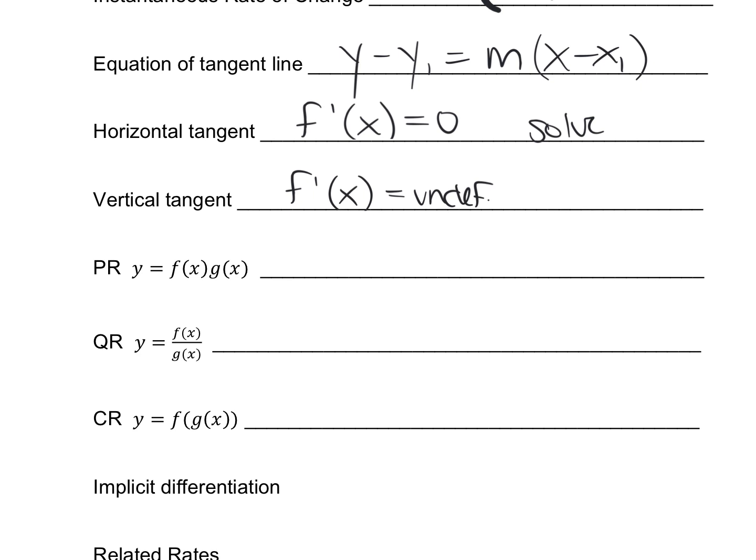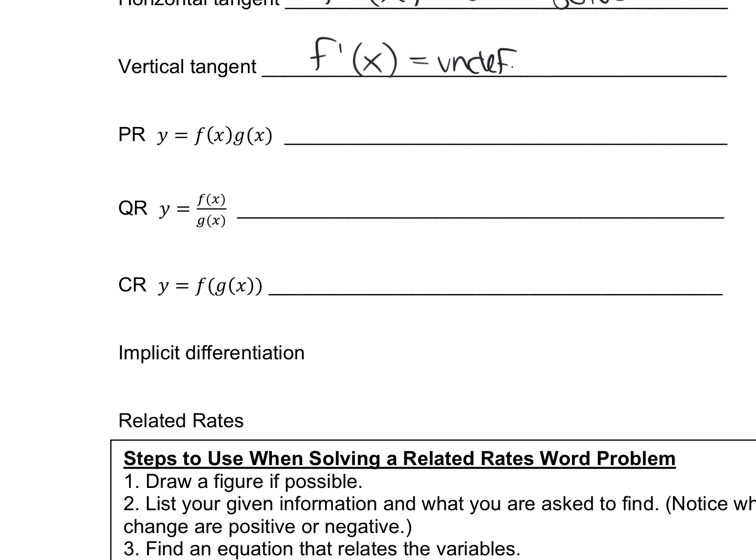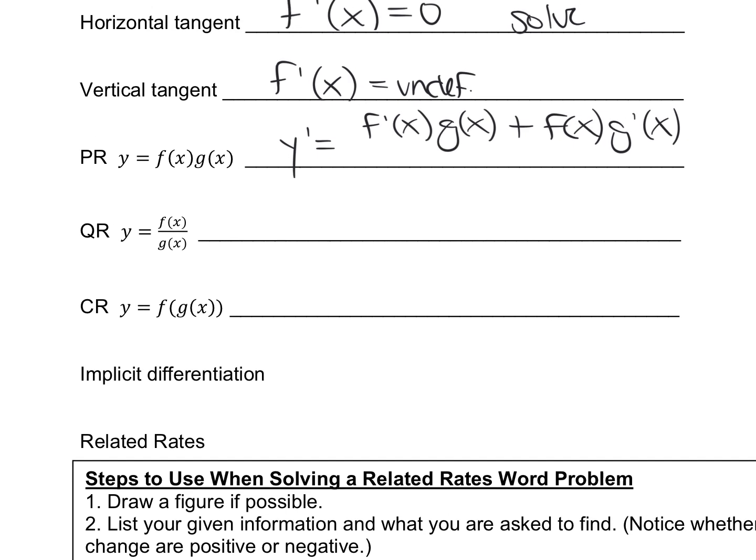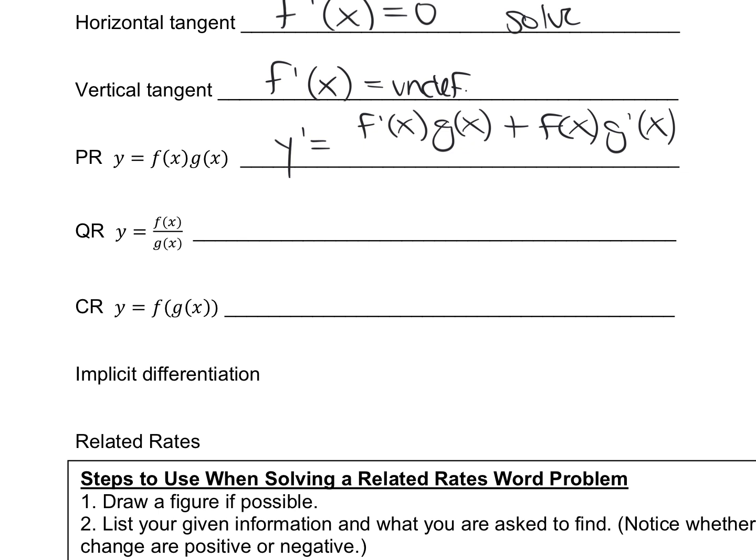Quick review, product rule. If we are expressing our function as f of x times g of x, our derivative is f prime of x times g of x plus f of x times g prime of x. And then our quotient rule was very similar, except it had what sign in it instead on the top? A negative.